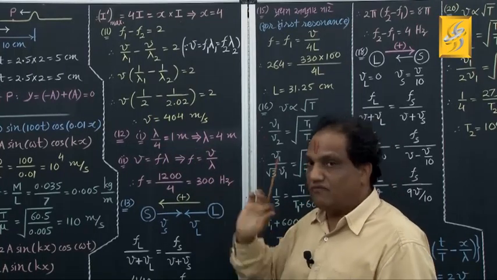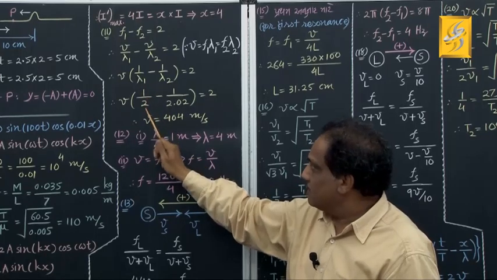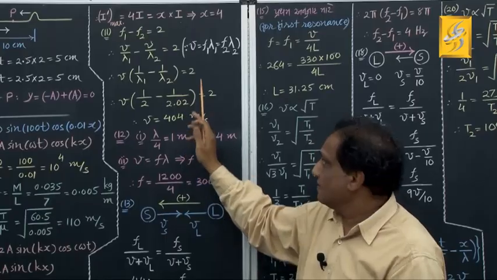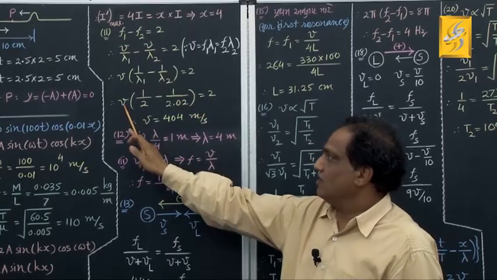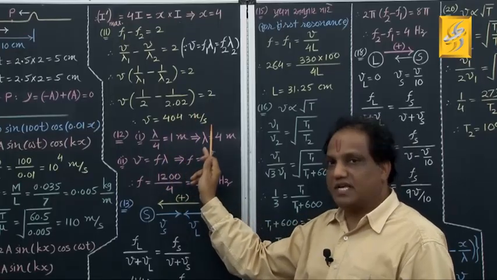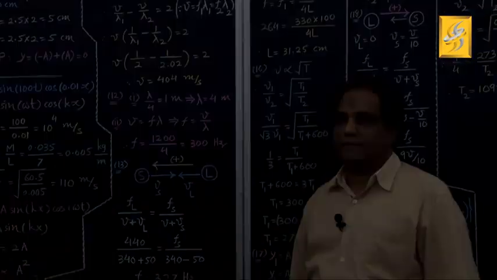Among the two values of wavelength, the shorter wavelength is 2 meter, so lambda 1 is 2 meter, and lambda 2 is the longer wavelength, which is 2.02 meter, correct? 2 as it is. Now find out this wave velocity, you will get the answer 404 meter per second. Got it? Read number 12 now.